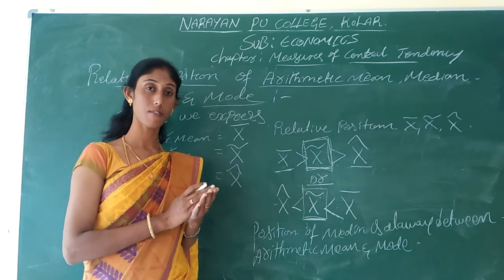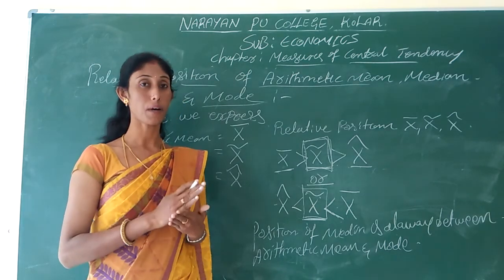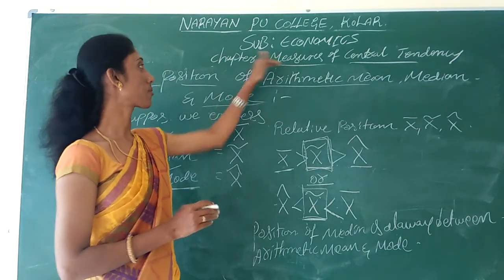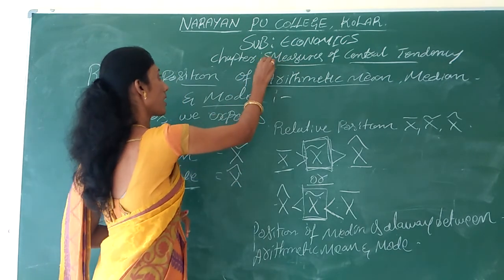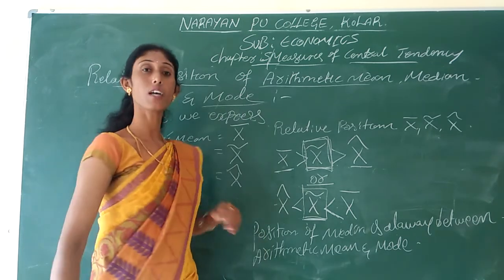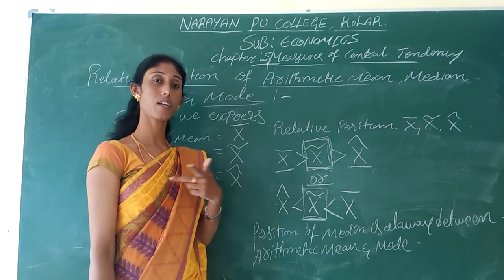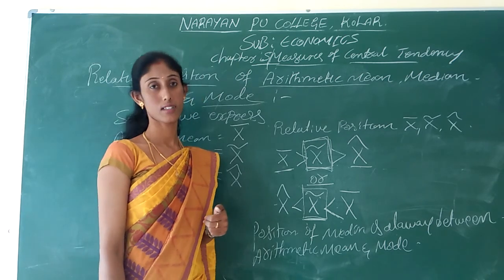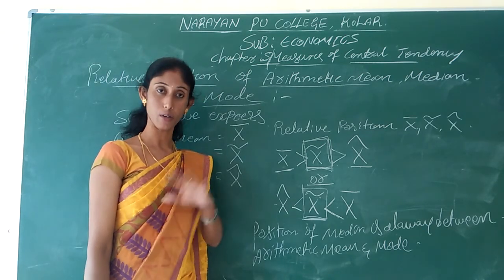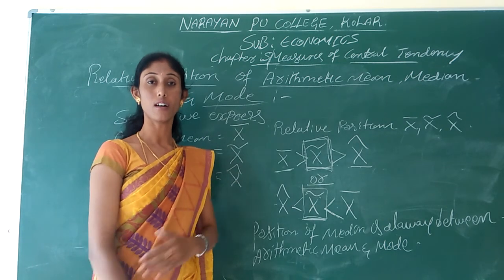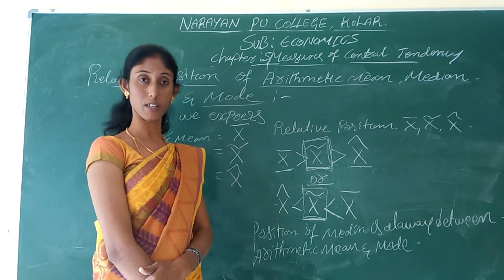Now in part A we have 6 chapters, and in part B we have 6 chapters. Now the 5th chapter is completed, and we are going to move to the 6th chapter, index number. After that, we will move to part B. I hope you understood the structure of the economics first PUC.